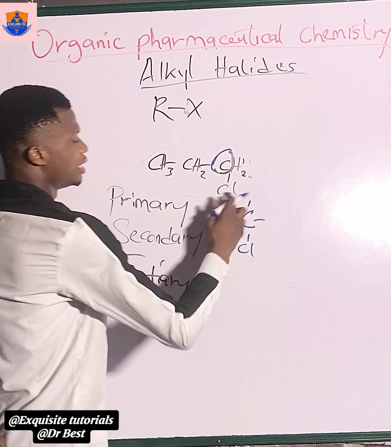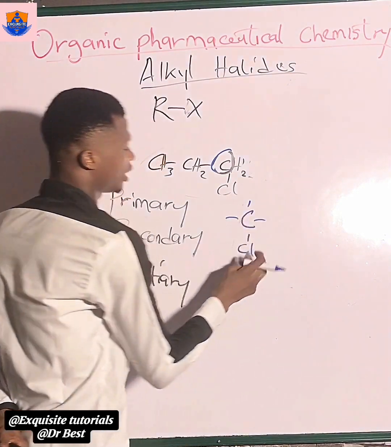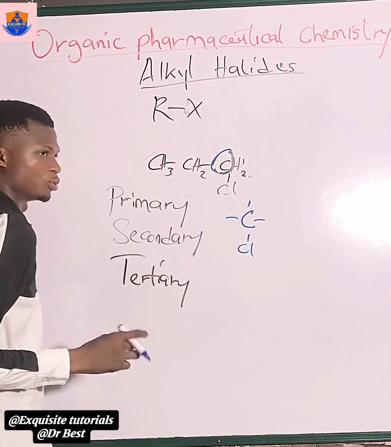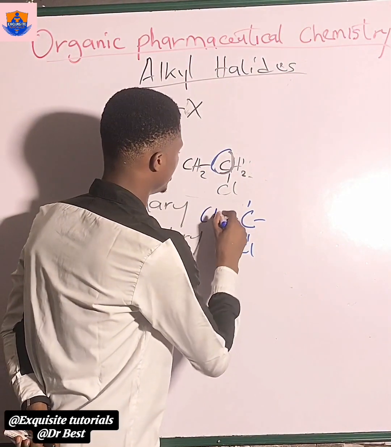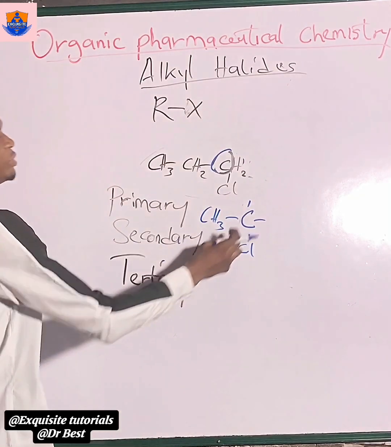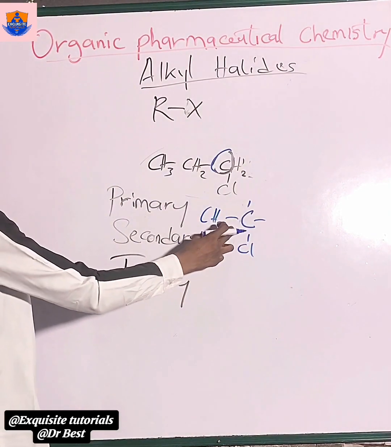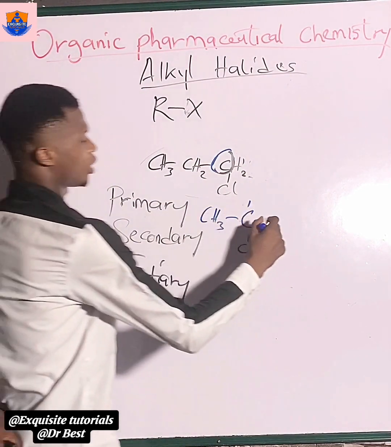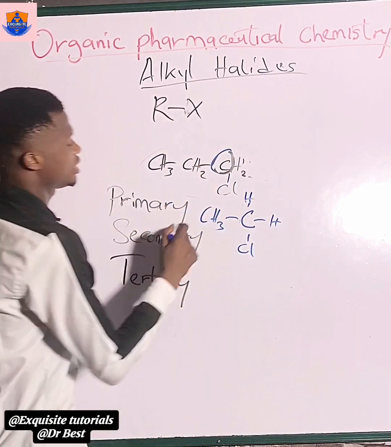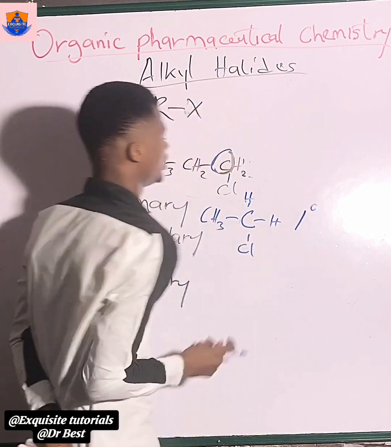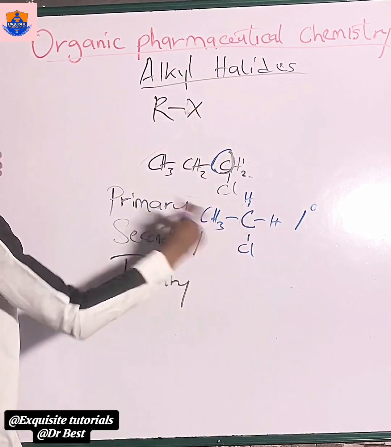So that means this carbon that the halogen is attached to must have another group. Let's say we have a CH3 here, which means this carbon is bonded to just one other group. Then you are going to have hydrogen. That's why you are having CH2. So this is regarded as a primary alkyl halide, right?